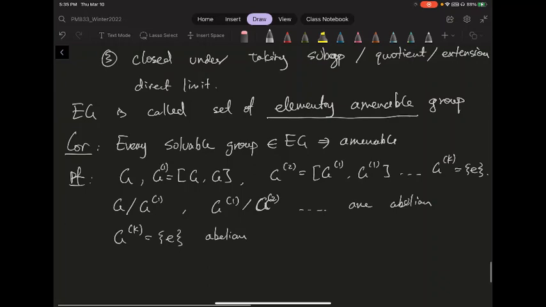So you do the group extension k times, and G is constructed by these extensions of abelian groups. So eventually G is elementary amenable, and so it's also amenable. In fact, G belongs to the collection of elementary amenable groups. So you have a big class of amenable groups just from these basic elementary operations.